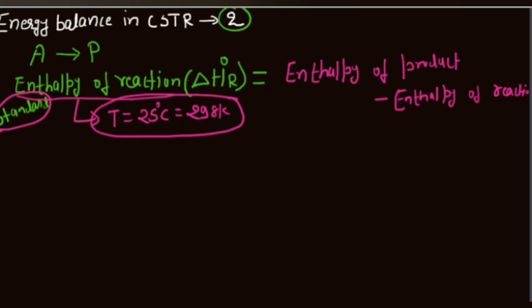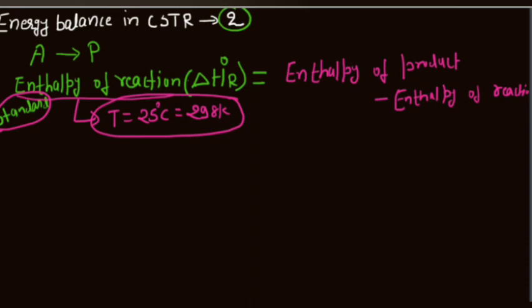That's why I am assuming the standard enthalpy of a particular substance at 298 Kelvin. If you know the enthalpy of a substance at 298 Kelvin, then you will be able to calculate the enthalpy of the substance at a particular temperature. In this lecture I will be discussing that.